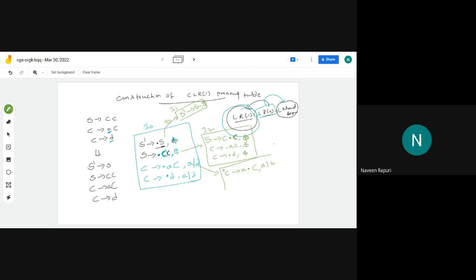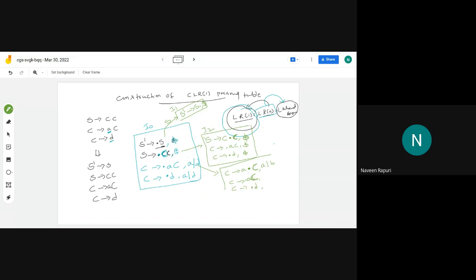From this, after the dot we are having a non-terminal, so we need to add those productions which are produced by C. C derives dot AC, C derives dot small d.